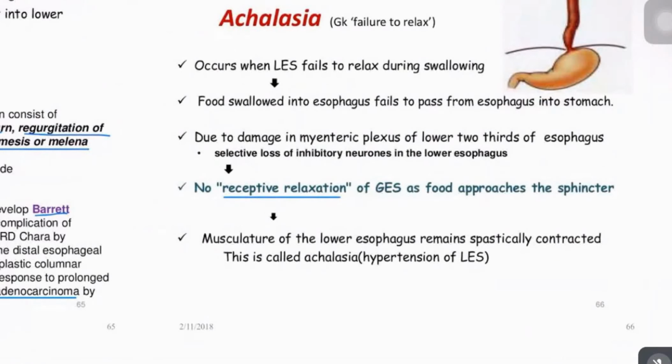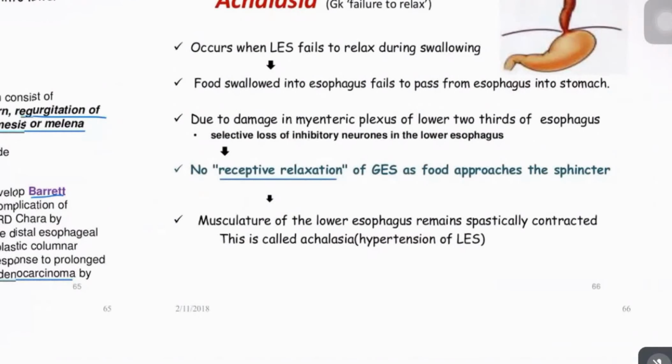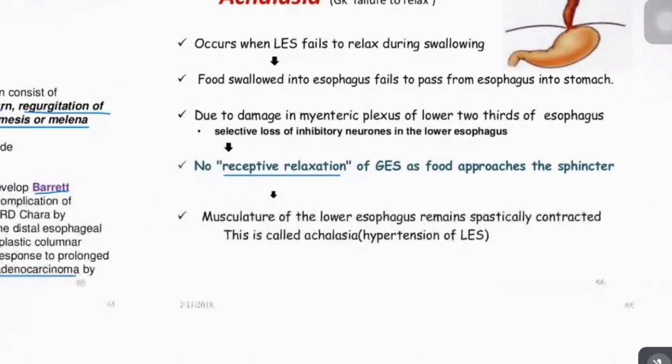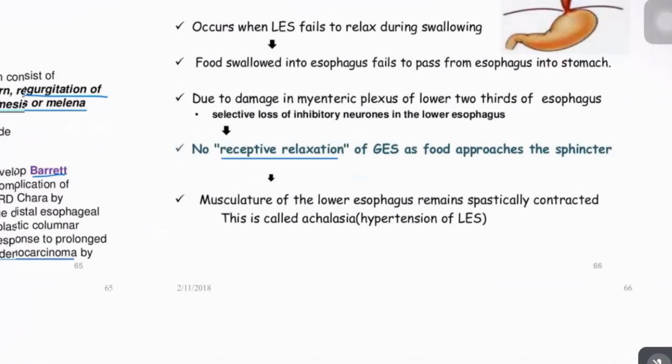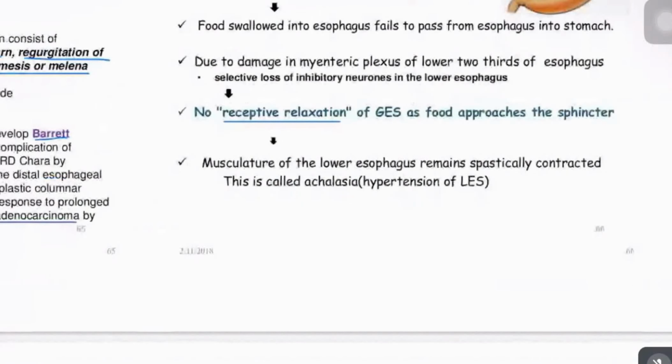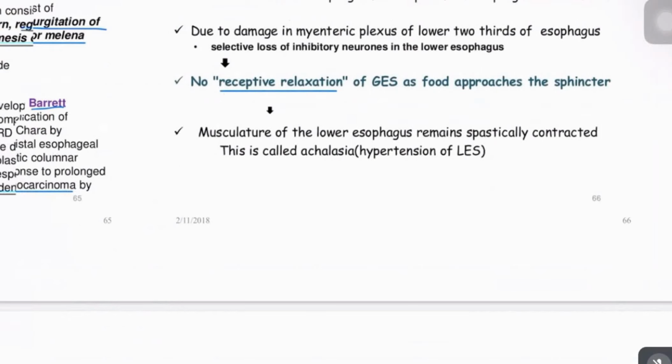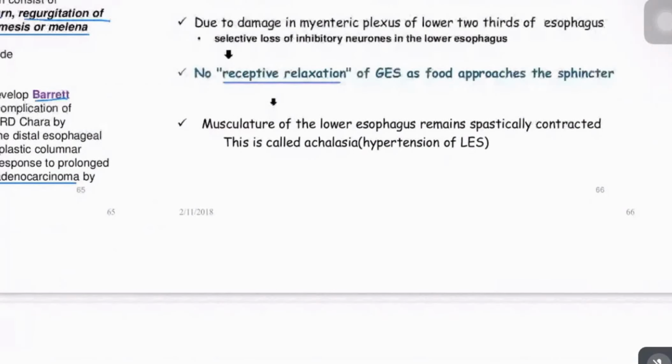Due to damage of your myenteric plexus of the lower third of the esophagus, selective loss of inhibitory neurons in your lower esophagus, there is no receptive relaxation as it approaches your sphincter. Then the musculature of your lower esophagus remains spastically contracted, and this is called your achalasia.